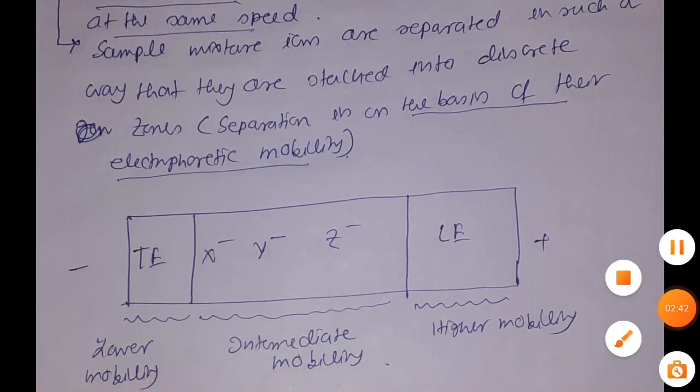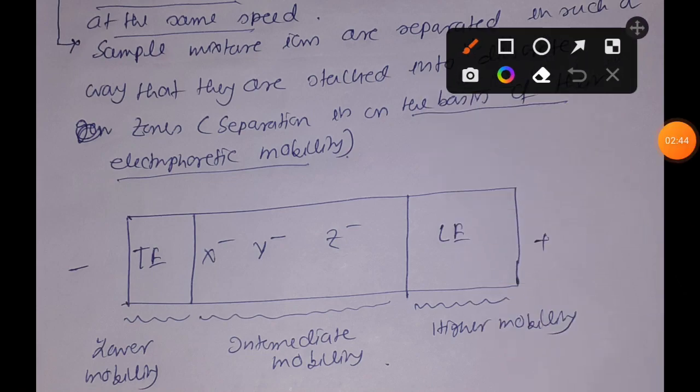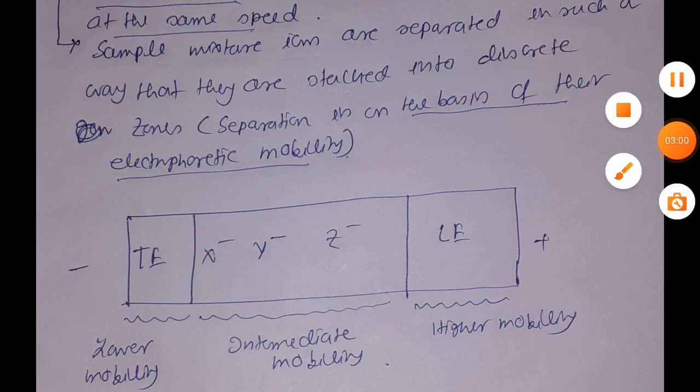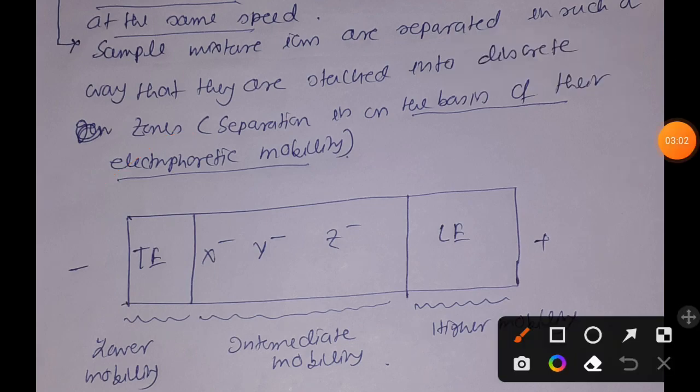Let's see how. I am going to use this drawing to explain what is going on in isotachophoresis. Here we are using a discontinuous electrolyte system, because we are using two kinds of electrolyte, that is LE and TE.